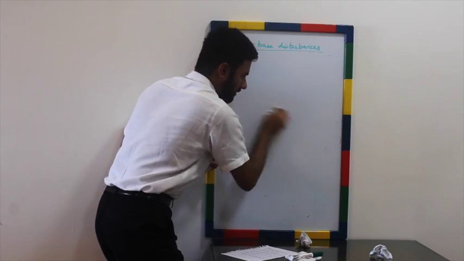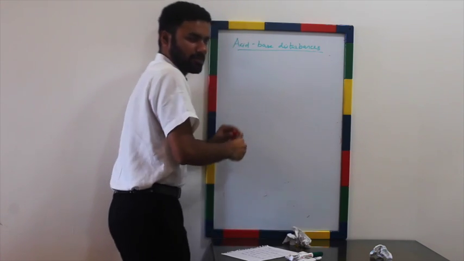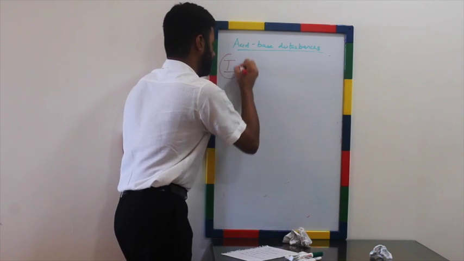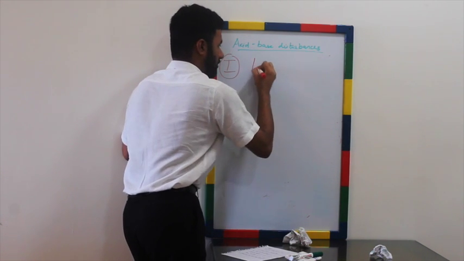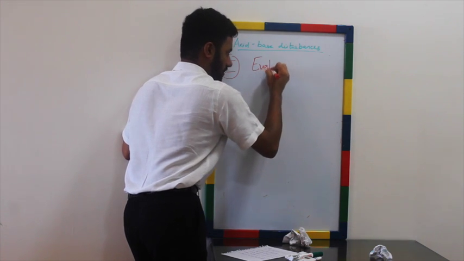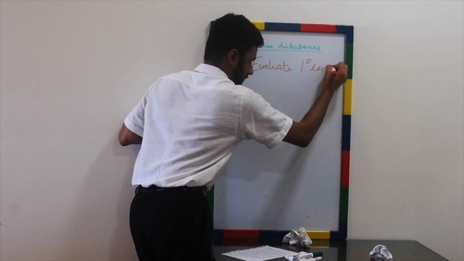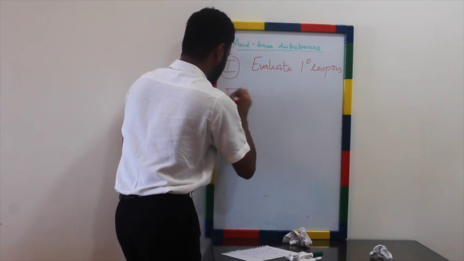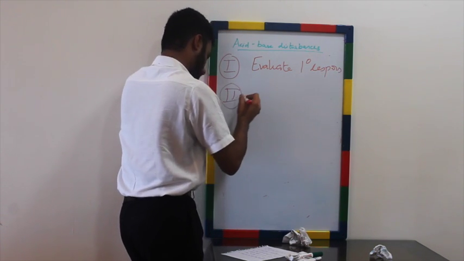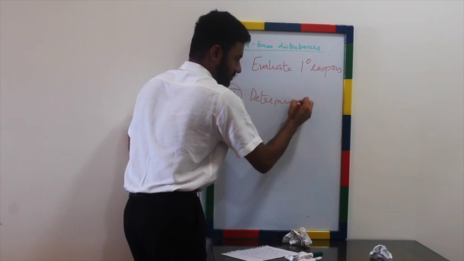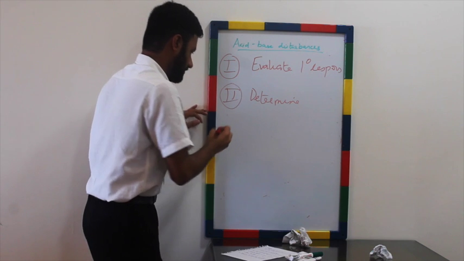Now we'll very quickly put the 3 steps of evaluating an acid-base disorder together. The first is evaluate the primary response. The second is determine if there is a compensatory response or a secondary response.